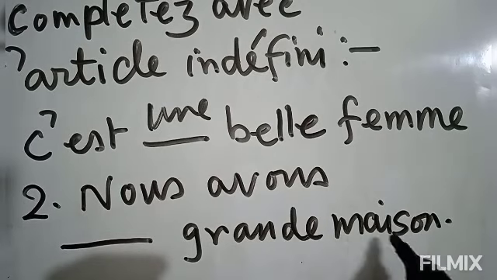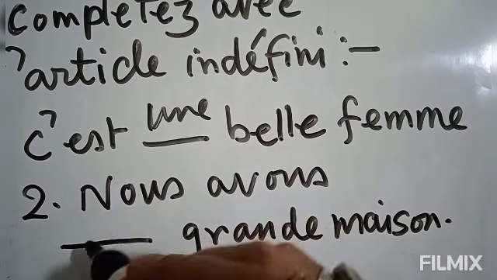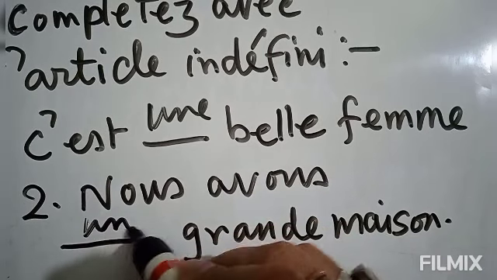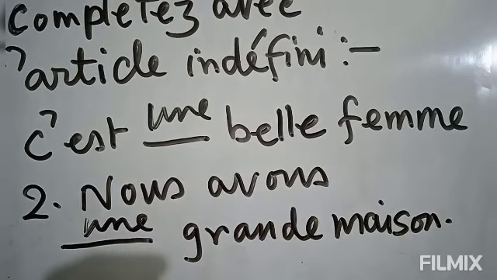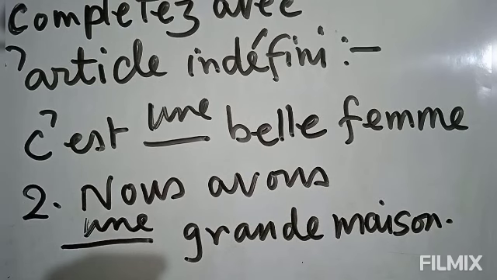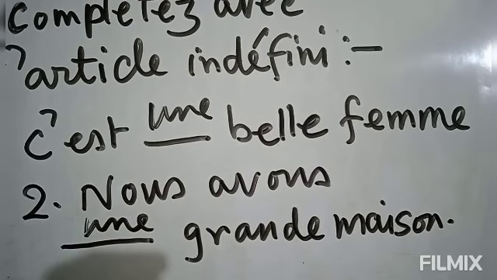Maison is feminine, and grande maison is big house. So feminine singular, so we have to put une. Une grande maison as an indefinite article.